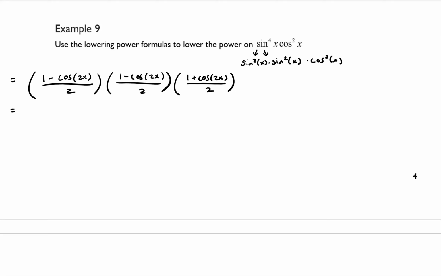Okay, so I notice that I have a 2 in the denominator of each of these things, so if I factor out all the 1/2s, I'd get 1/8, and then inside the parentheses, I'll just rewrite all of the numerators.